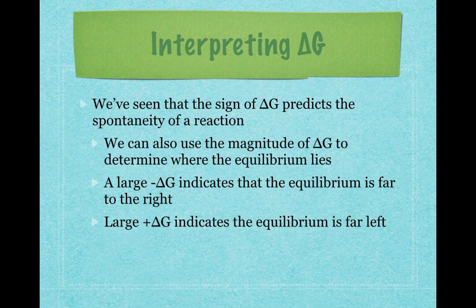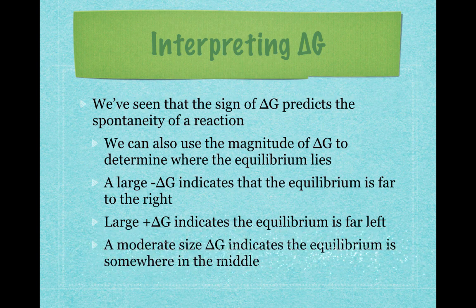And if we have a large positive delta G, it indicates that equilibrium is reached with primarily reactants left in the mixture there. If we have a moderate-sized delta G, either positive or negative, it indicates that the equilibrium is somewhere in the middle. Obviously, if it's a negative delta G, even moderately sized, it indicates it's a little bit farther towards the products, and if it's a moderate positive delta G, it's a little bit more towards the reactants there.